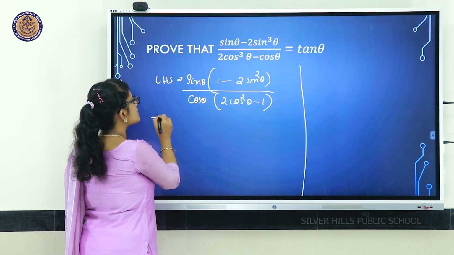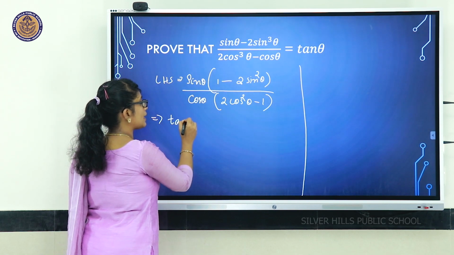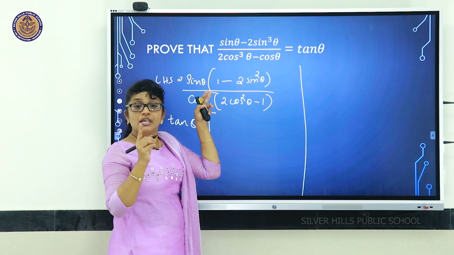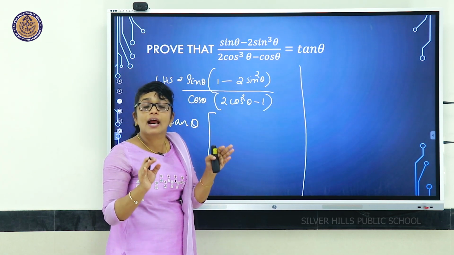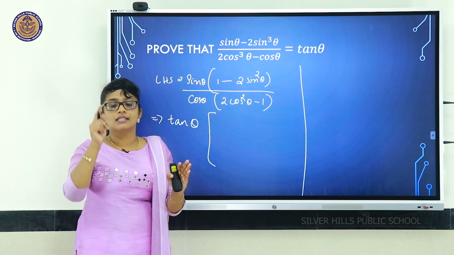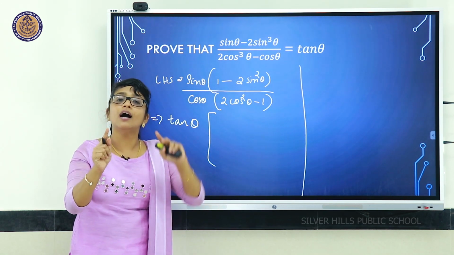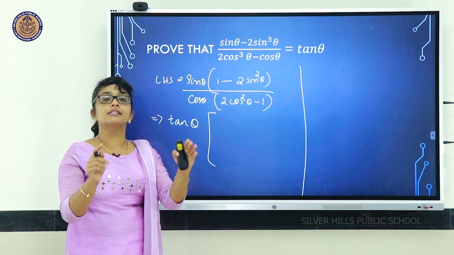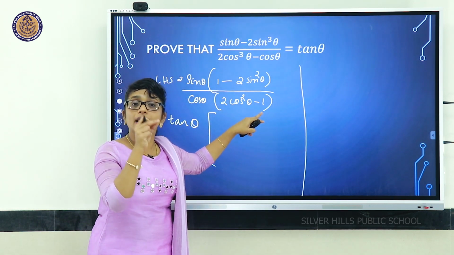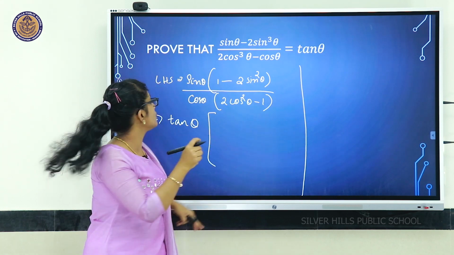How? Instead of sin theta by cos theta, you can write tan theta. Then instead of this 1, you can write an identity. Which identity? Sin square theta plus cos square theta equal to 1, because here it is related to sin and cos.